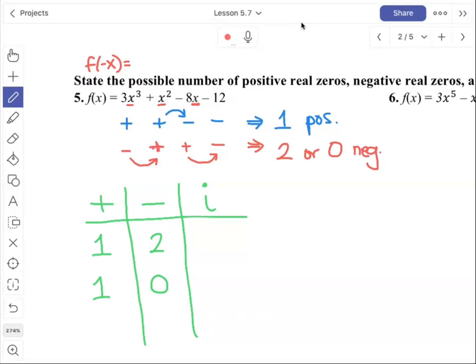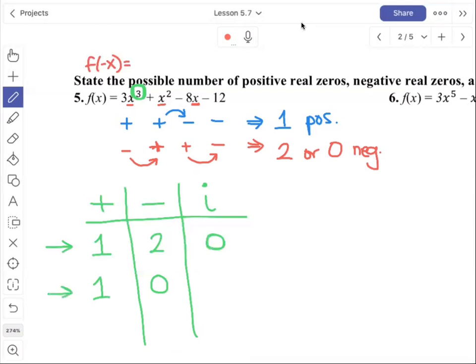Now, how many imaginaries? How do I tell that? Looking at the degree, I should have a total of 3 zeros. If I have, in this first row, 1 positive and 2 negatives already, and I want a total of 3, that means I should have no imaginaries left.